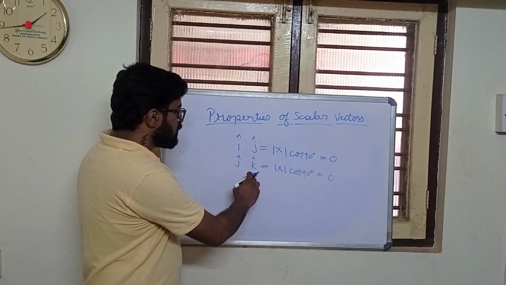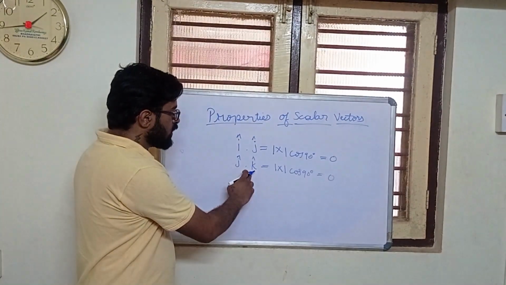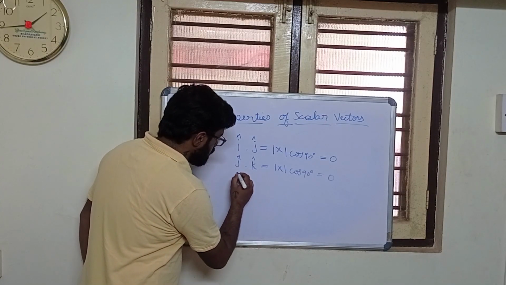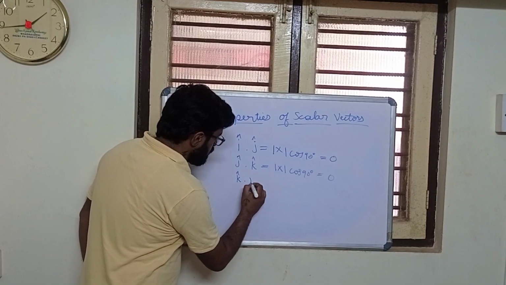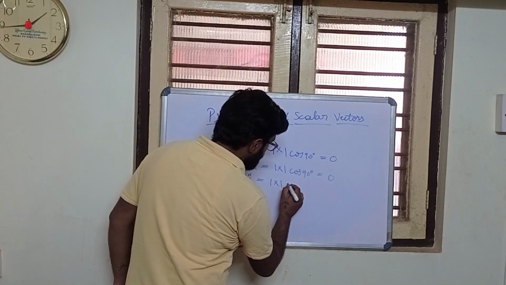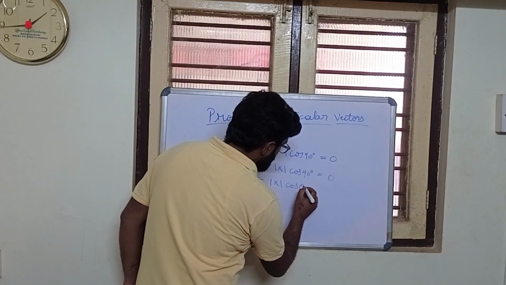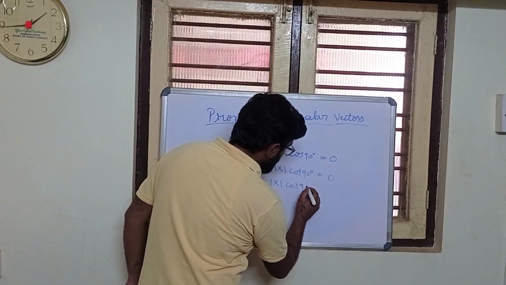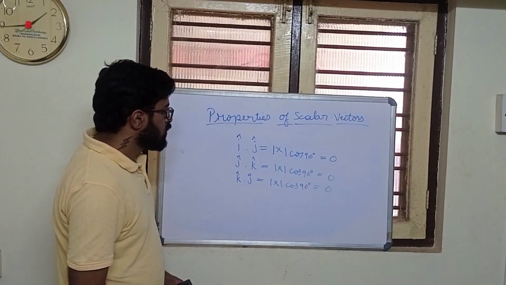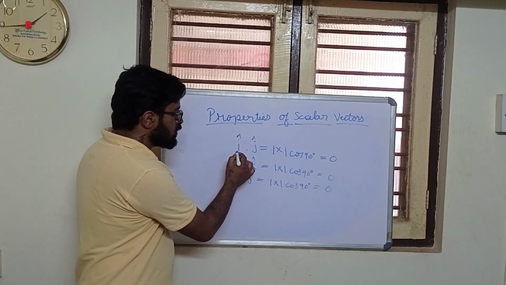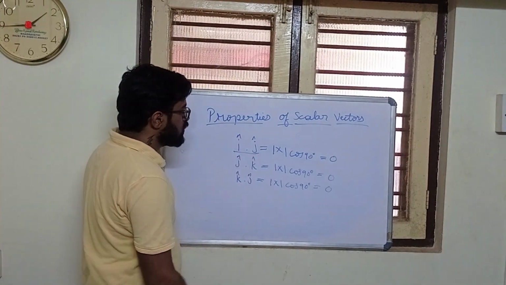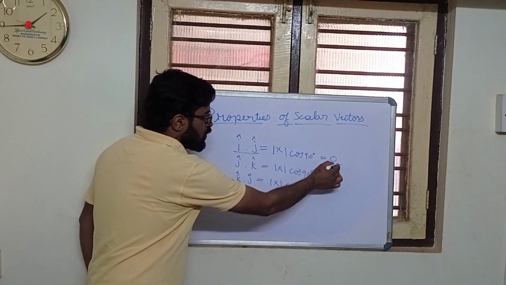When we multiply vector k with i, it will be 1 into 1 cos of 90 degrees, which equals 0. So we need to remember: the dot product of vector i and vector j is 0.